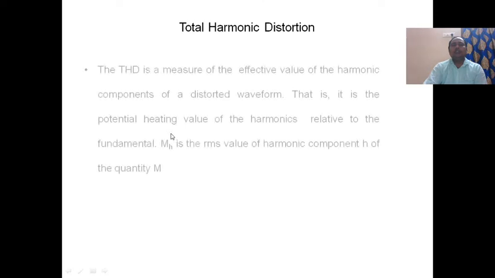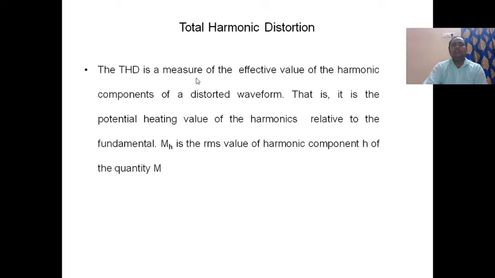The THD is a measure of the effective value of the harmonic components of a distorted waveform. That is, it is the potential heating value of the harmonics relative to the fundamental. M_h is the RMS value of harmonic component h of the quantity M.